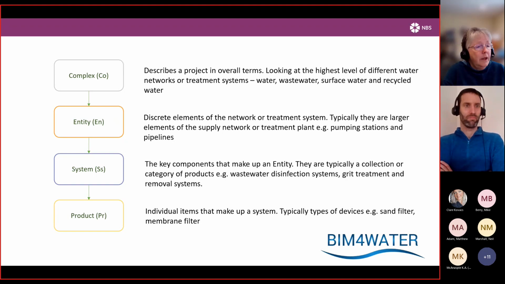And that's how we've organized the products, because similar products can be used in different applications. And so you make your products specific by attaching them to a system. And that's really important to be aware of.